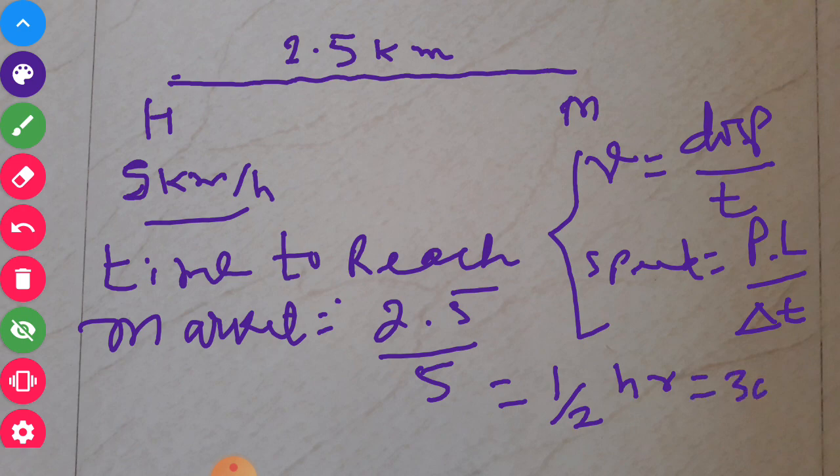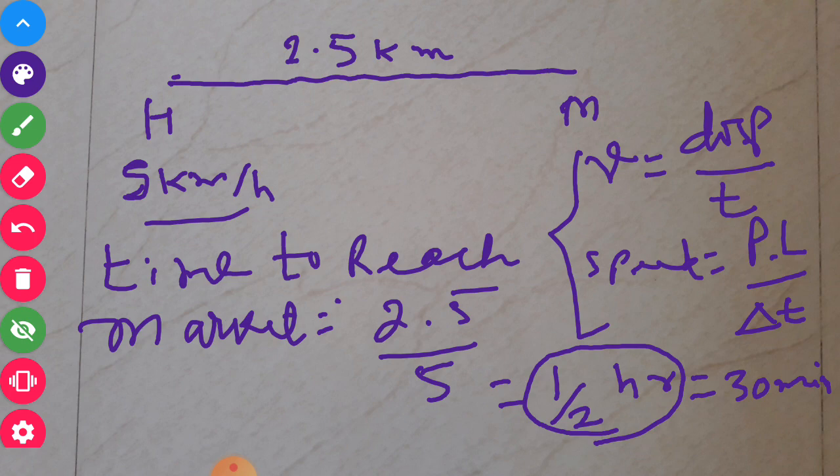So this is very easy to understand. Now the question is for the first 0 to 30 minutes, what is the average velocity? Average velocity is nothing but displacement upon time, and the time is 1 by 2 hour.